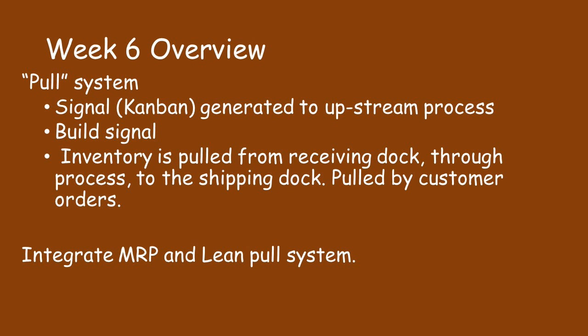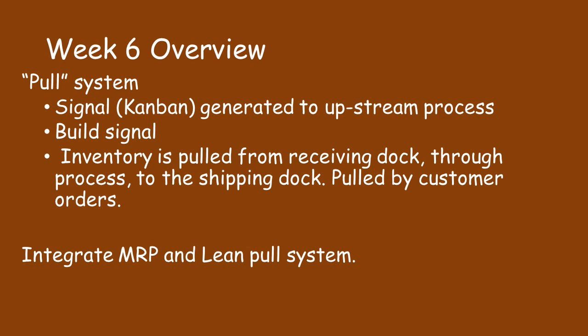In a pull system, though, signals are generated to all the upstream processes by the shipping dock as the finished goods are shipped out the door to the customer. So, for example, 1 unit of product shipped to the customer generates a signal or a Kanban to the upstream process that just fed the finished goods there. So 1 unit is shipped, 1 unit is built to replace it.